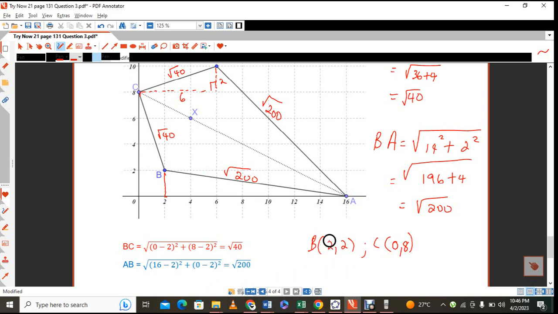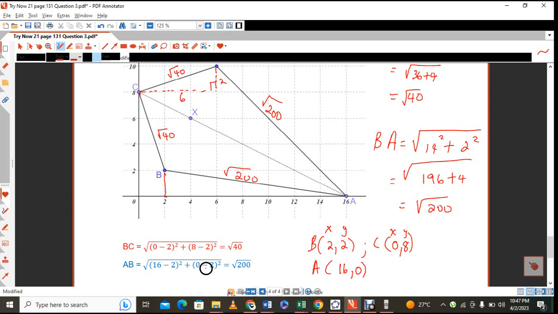That's why you see I take the change in y over the change in x: take my two x values, subtract them, take my two y values, subtract them, and then find the square root of that. It's the same with A, and remember our point A, when we calculated it, is the point (16, 0).